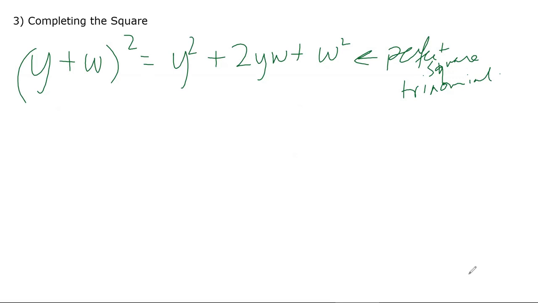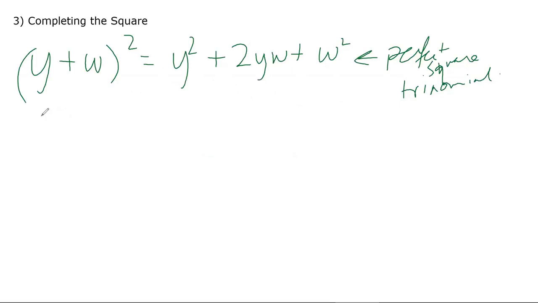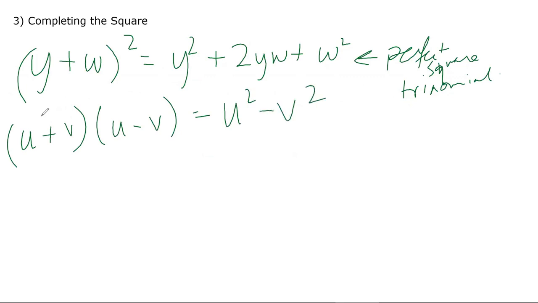Since we already used a and b for our generic quadratic equation, I just didn't want to use a and b again. We also have another formula called the difference of squares, which is u plus v times u minus v is equal to u squared minus v squared.